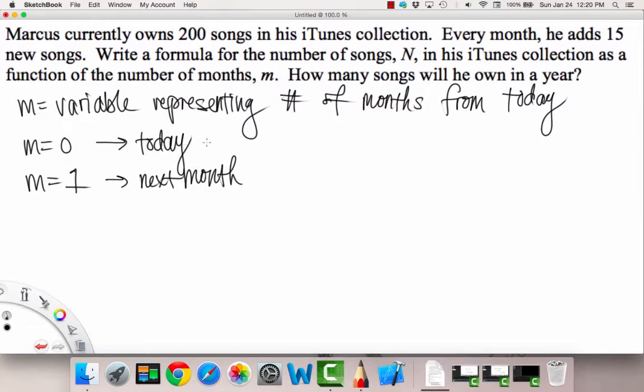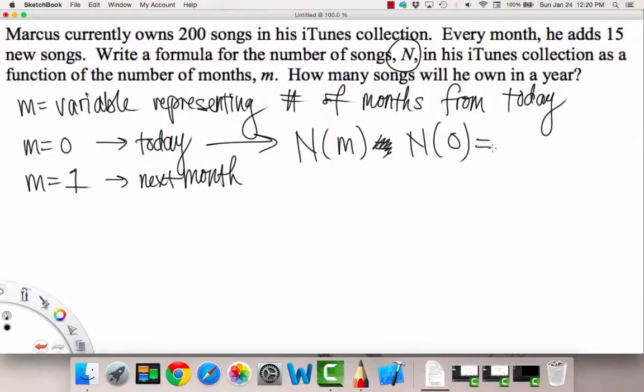Right now, meaning m equals 0, which means today, we have that n, the capital N, the number of songs, is our function of m. So when we have n of 0, that means the number of songs he has today. We look back at our question, and it says he currently owns 200 songs.